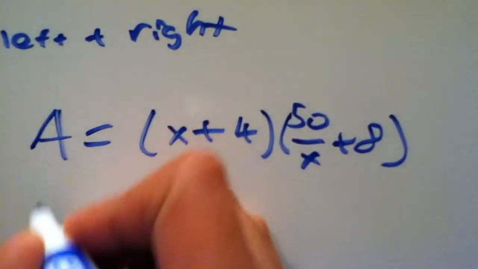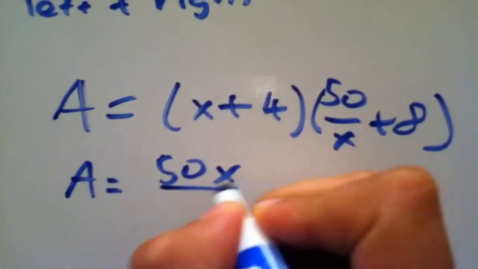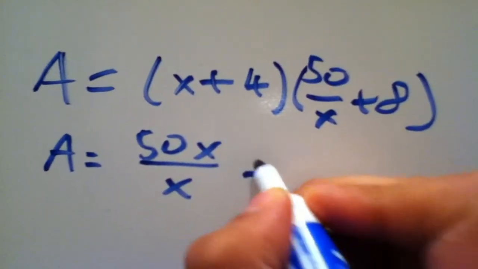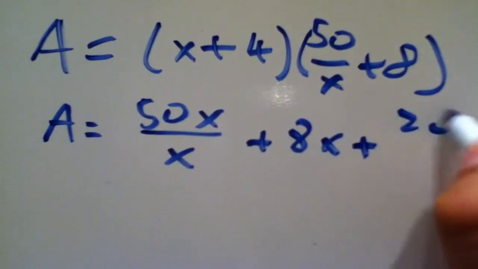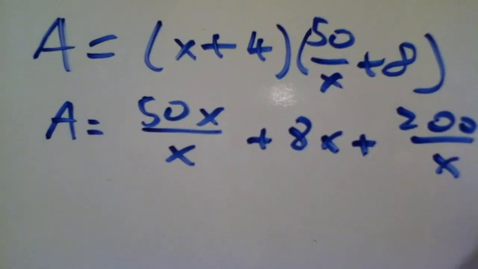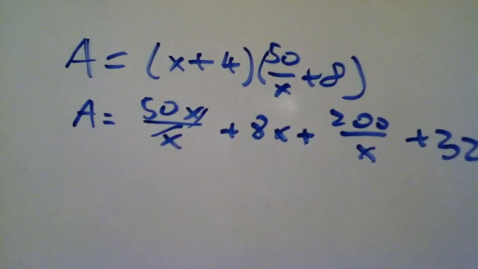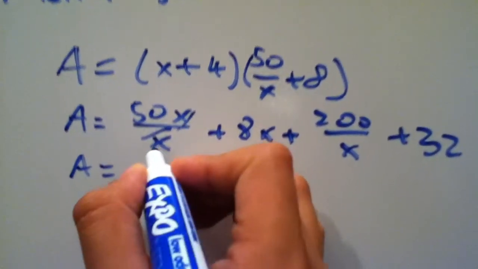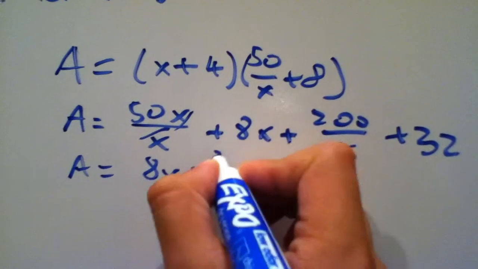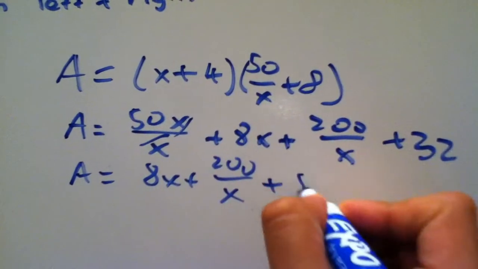So you can FOIL this out, and you get A is equal to 50x over X plus 8x plus 200 over X plus 32. The X and X cancel out, and if you simplify it, you get 8x plus 200 over X plus 32 plus 50, which is 82.